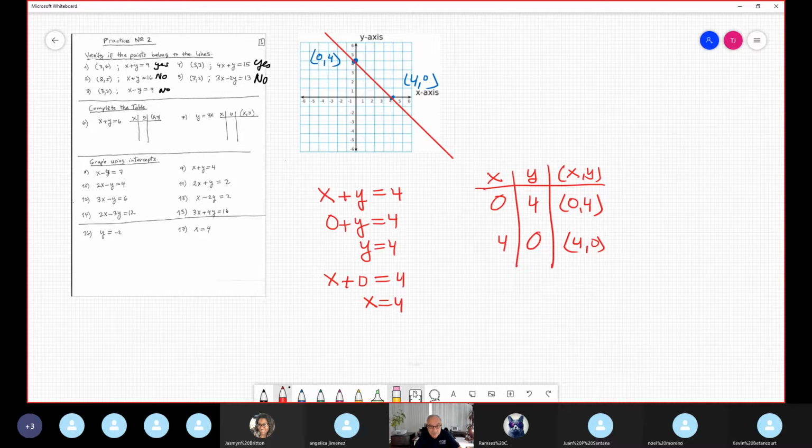This is the line that represents the equation x plus y equals 4. Okay, we are doing 8, 9. Let's do number 10 now.